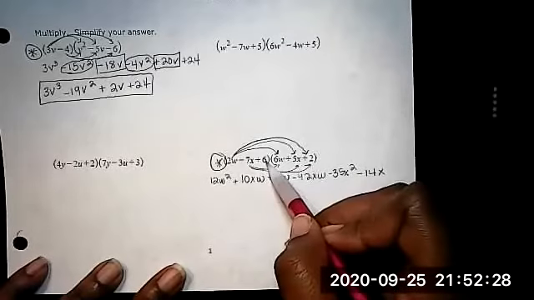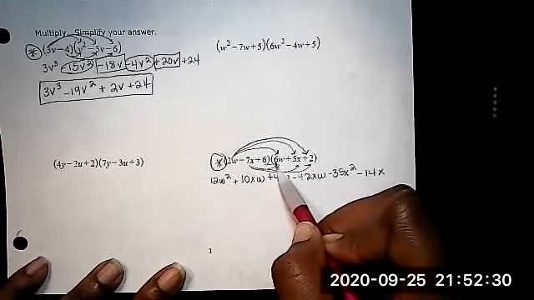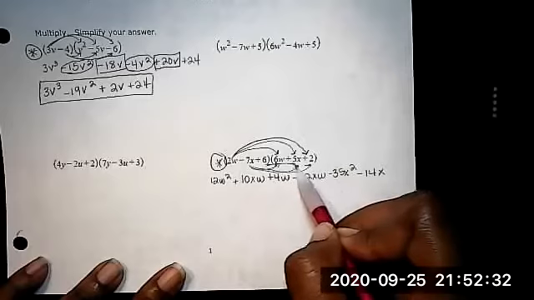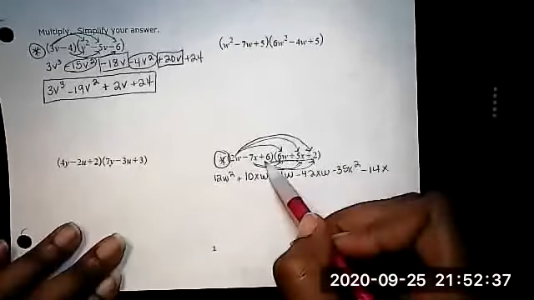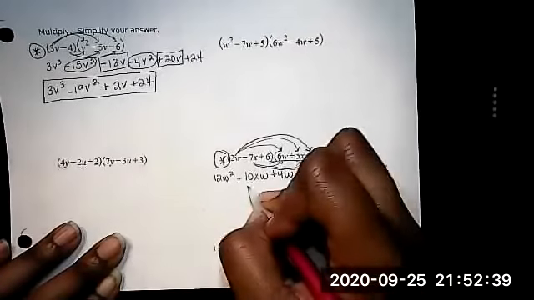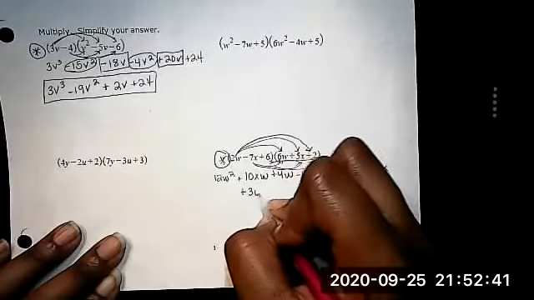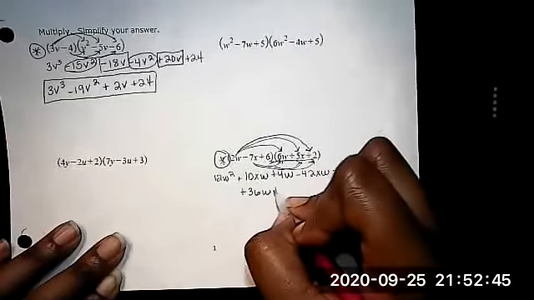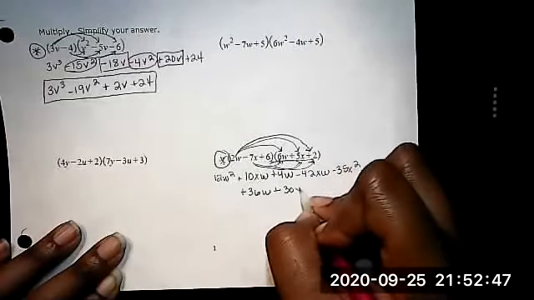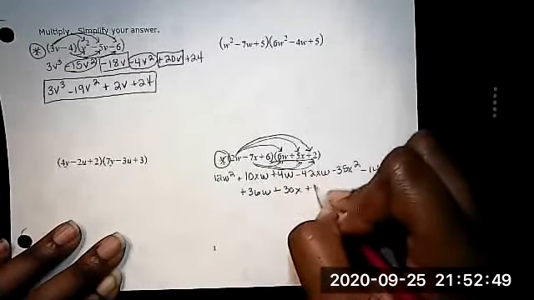We're still going because we still have this 6. So 6 times w, 6 times 5x, and 6 times 2. So let's do that. 6 times w is 36w. 6 times 5x is 30x. 6 times 2 is 12.